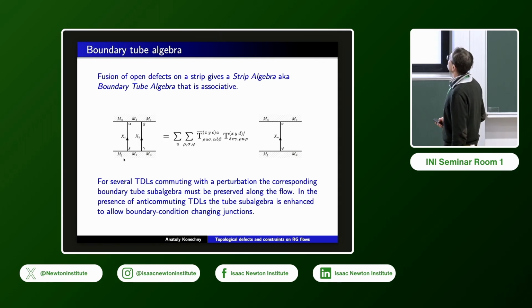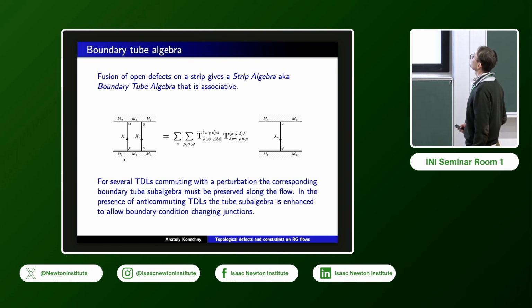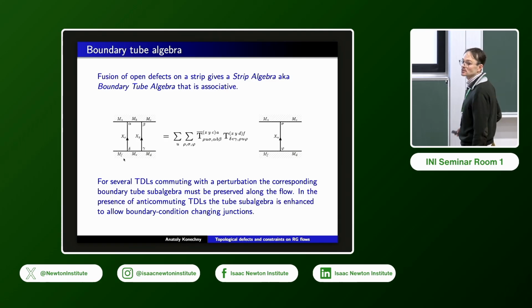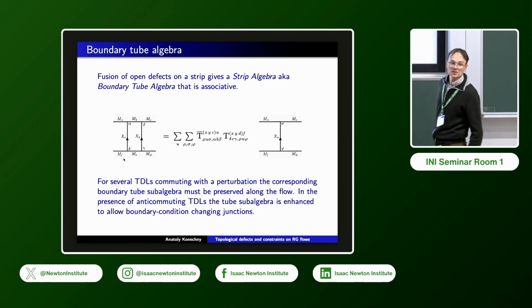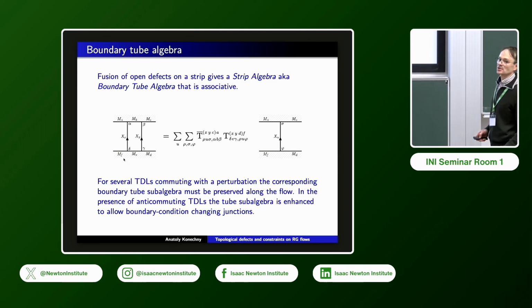While there is a way to make a nice associative algebra from these charges: you put everything on a strip. If you now have a strip with some boundary conditions on both ends and you run your topological defect line from boundary to boundary, so you have a junction here and a junction there at both ends, then you can fuse them together and it will involve this matrix T twice. So T bar here is the inverse. And it turns out that this fusion is associative, so it's a nice associative algebra.